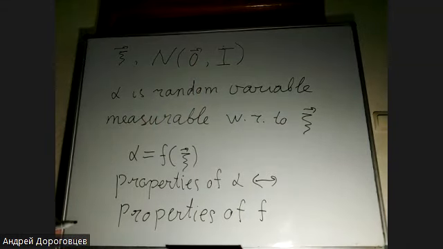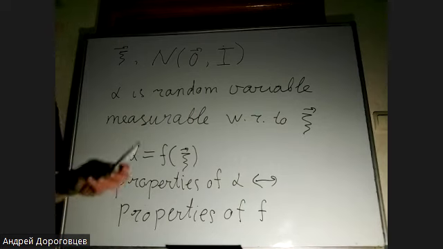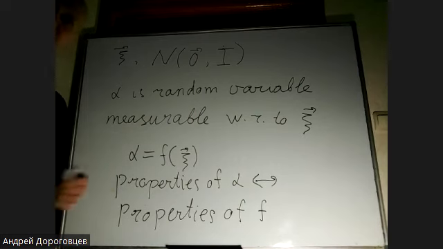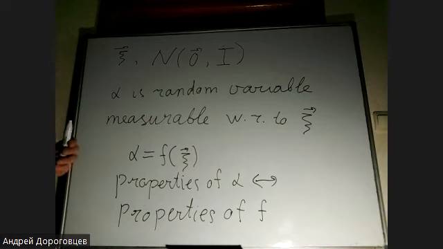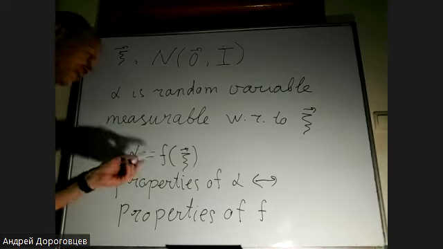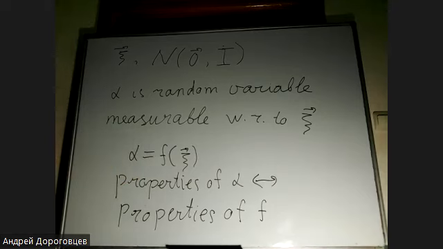Namely, one can ask when alpha has a density, what are the properties of the density? Is it smooth or not? And it occurs that such smoothness of alpha can be related to the smoothness of the function f.